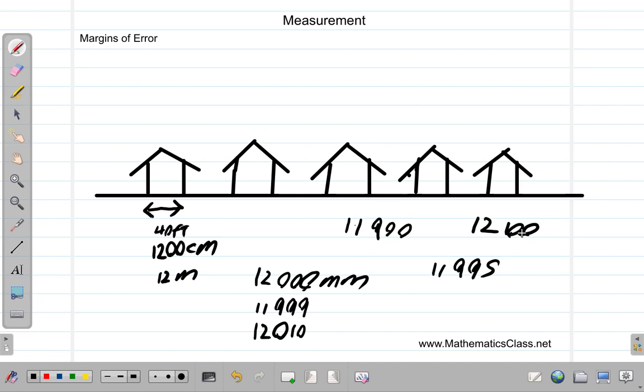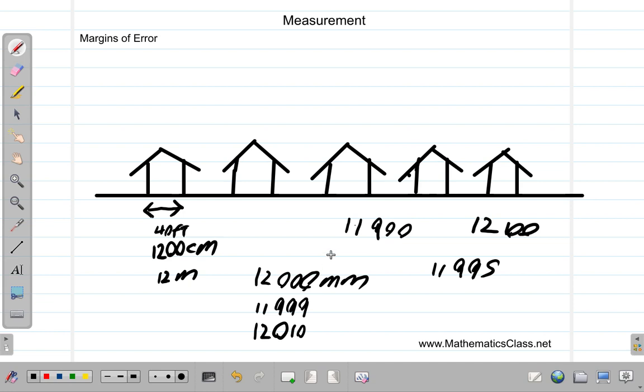In other words, none of them should be 100 millimeters too wide or 100 millimeters too narrow. So they should be 12,000 millimeters, but no more than minus 100 millimeters or plus 100 millimeters.